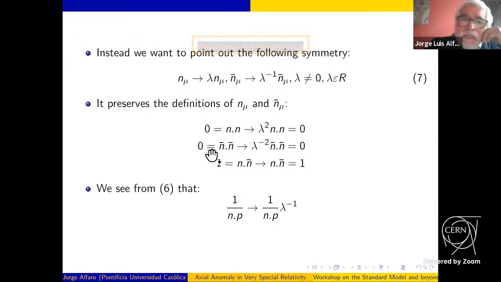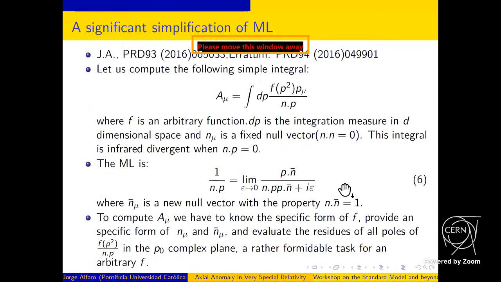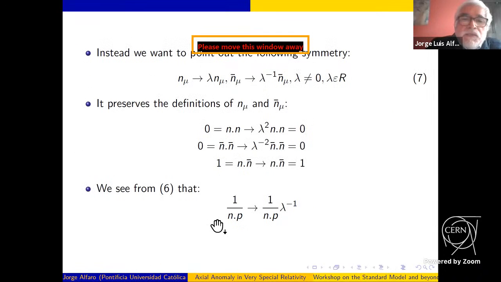The same happens with n̄, and moreover, the normalization is preserved by the scaling. So the structure is preserved, and moreover, you realize from the Mandelstam-Leibbrandt prescription that this factor 1 over n·p scales as λ to the minus 1.